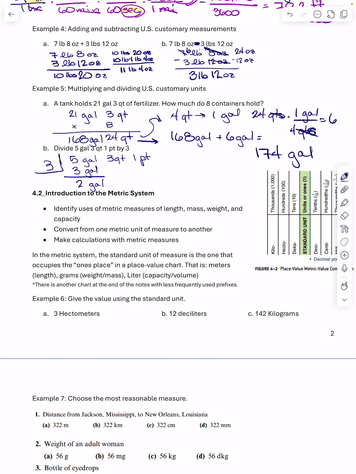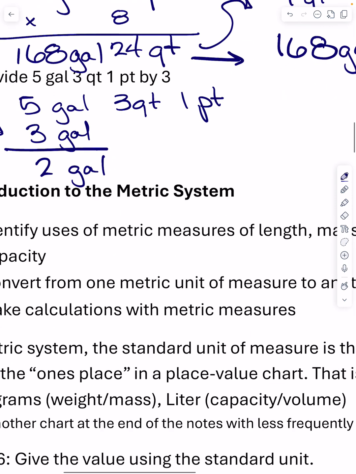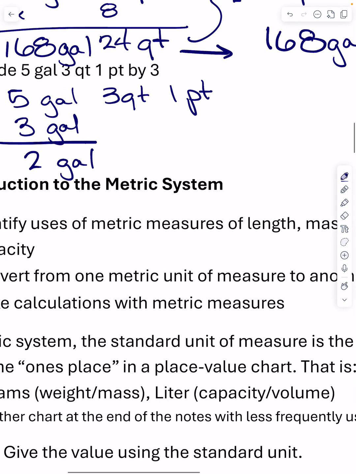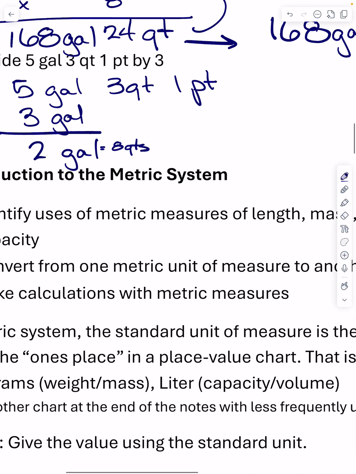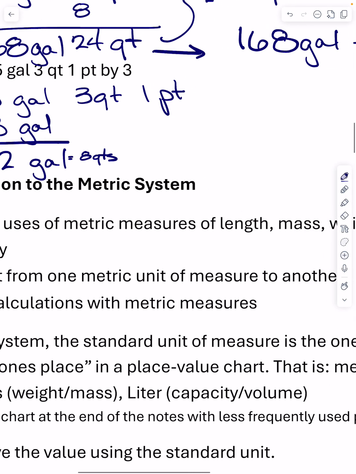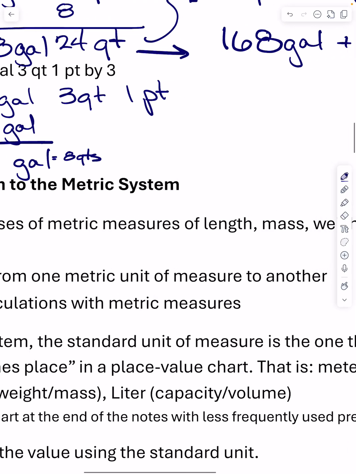Leaves me with 2 gallons. I really need more room for this. 2 gallons equals 8 quarts. So this is the same as 3 gallons, 11 quarts, and 1 pint.